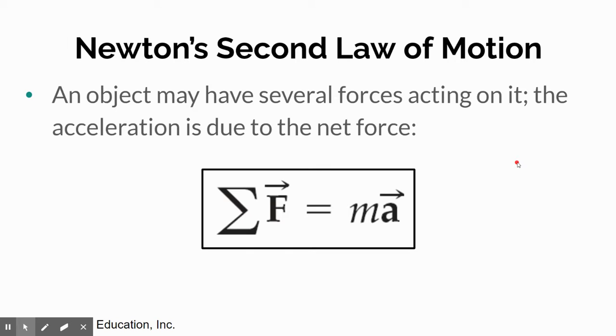It can have multiple forces acting on it. And in fact, an object usually does have multiple forces acting on it. And if that's the case, we're going to have to add all of those forces together individually, taking a sum of all of the forces in order to determine the net force.